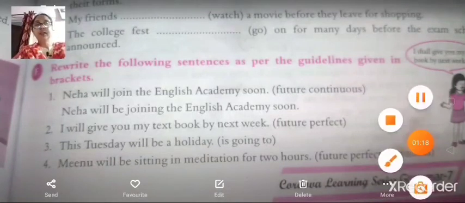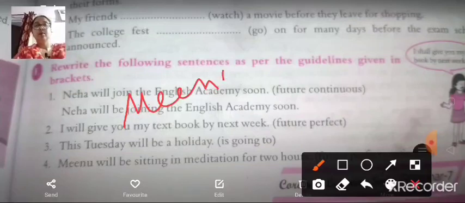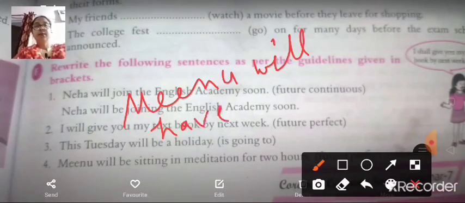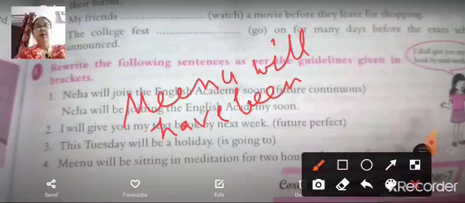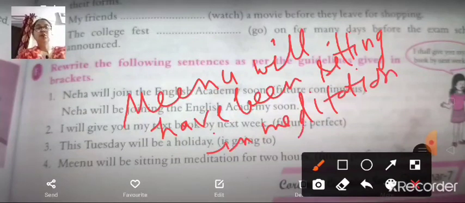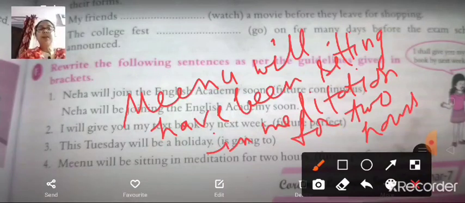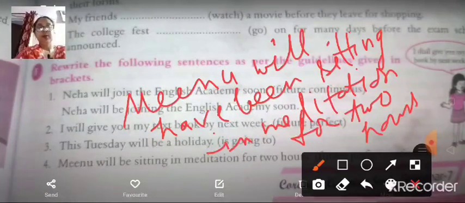So now we are going to write: Meenu will have been sitting in meditation for 2 hours. So complete it, children.